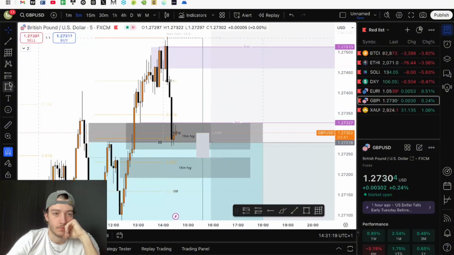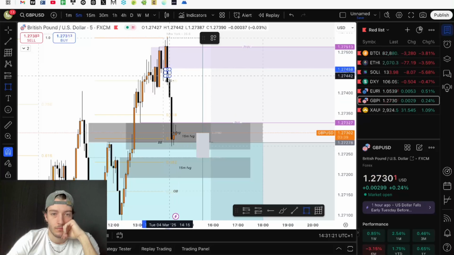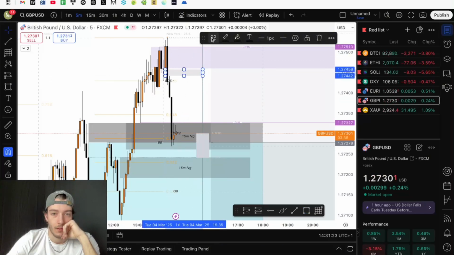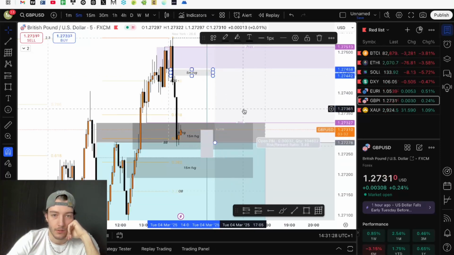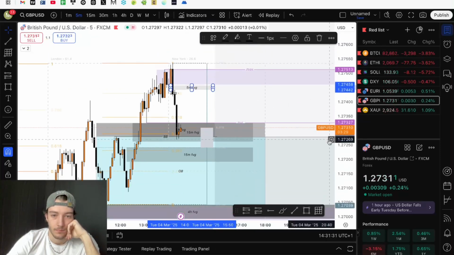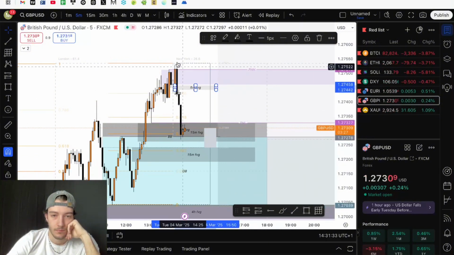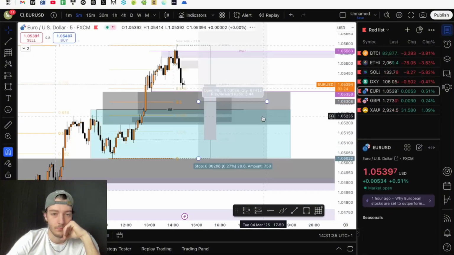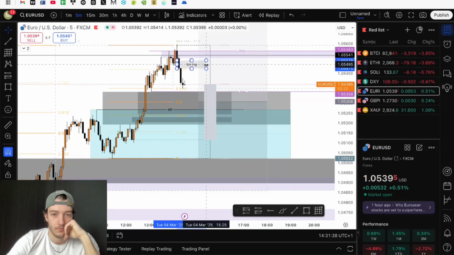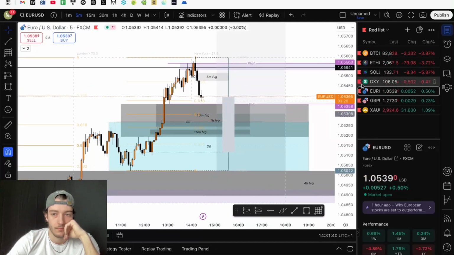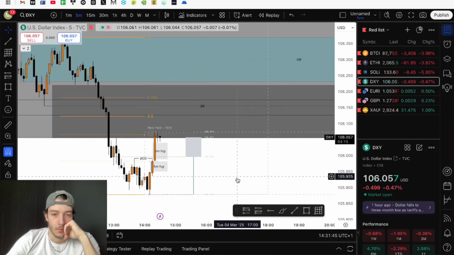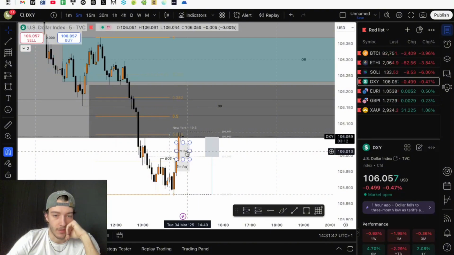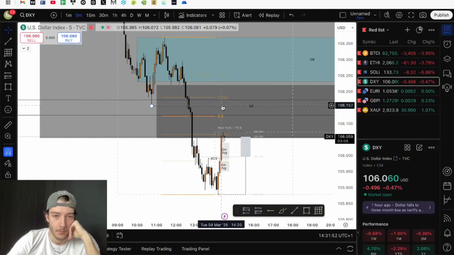So if this 5-minute fair gap gets disrespected, then we're just gonna move higher. But hopefully the dollar decides to respect this 5-minute fair gap, or at least this one, and move up higher, deeper into this breaker area.